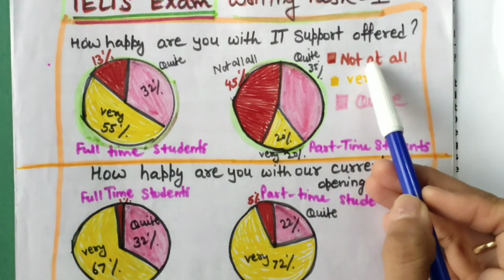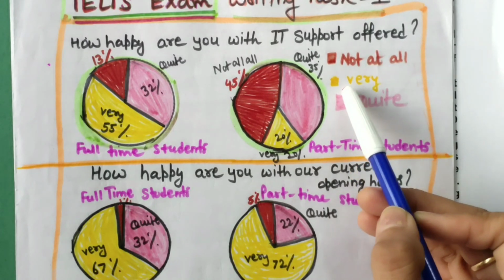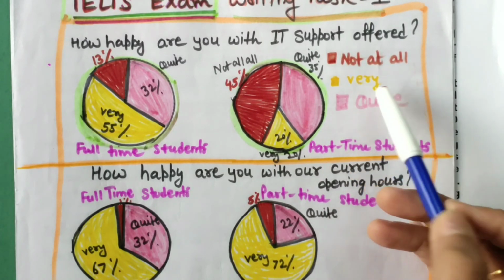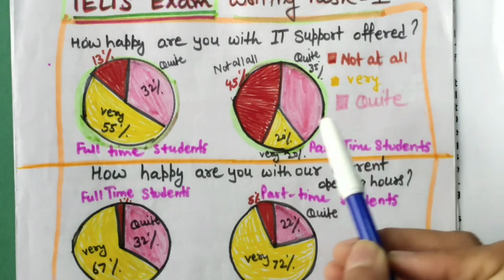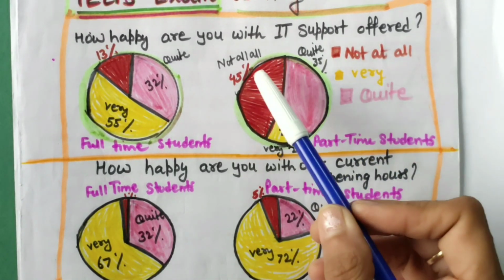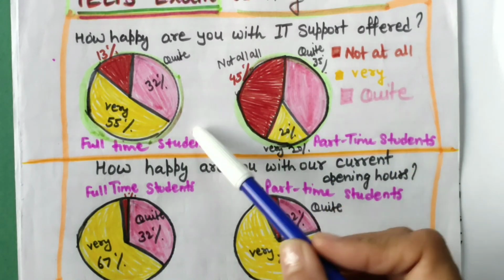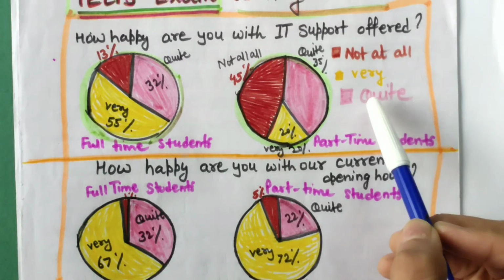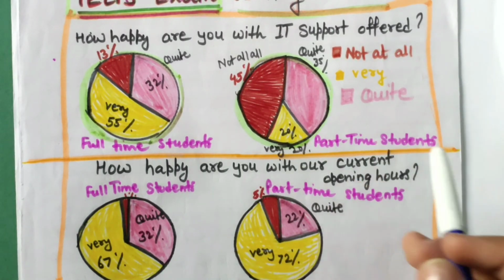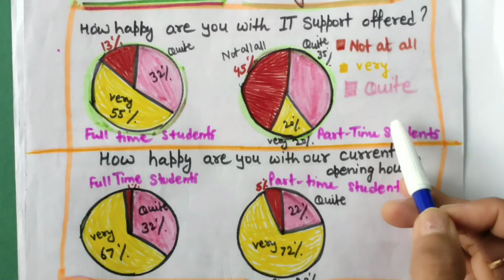Now I can see there are 3 categories. Red one is not at all, yellow one is very satisfied, and pink one is quite. So I can see here 2 different topics relating to pie charts, 2 groups, part-time and full-time, and 3 categories.